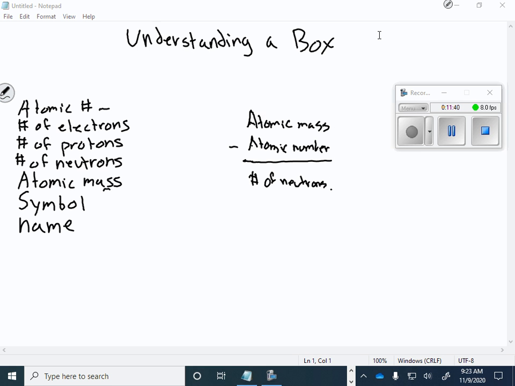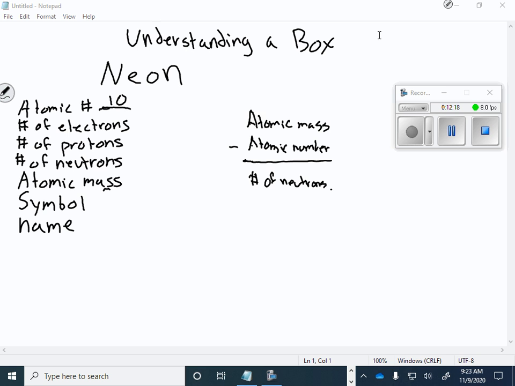Let's go ahead and do neon. Okay, let's see who can find neon first on the periodic table and tell me what atomic number it is. Abby? Yeah, it's 10. So the atomic number of neon is 10. That's the number that's above it on the periodic table. Okay, how about the number of electrons? Anyone can help me with that? Yeah, Liz?